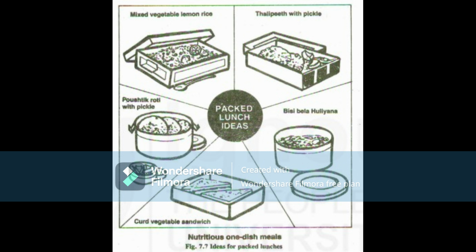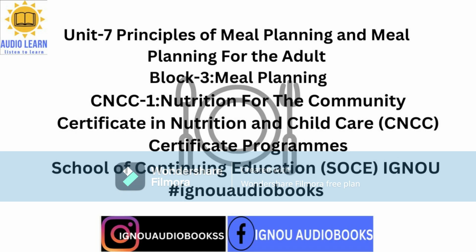A few interesting ideas for packed lunches, Figure 7.7, include paneer/dal stuffed parathas with pickle, poha, a preparation made of rice flakes, vegetables and groundnut, vegetable upma, a preparation of semolina, vegetable and pulse, poshtik roti with pickle, lemon vegetable rice, curd rice with vegetables, thalipeeth, a preparation of wheat, jowar, pulse and green leafy vegetables, with pickle, bisibelebath, a rice/sambar preparation.